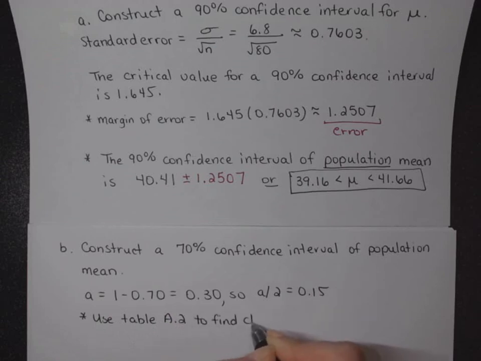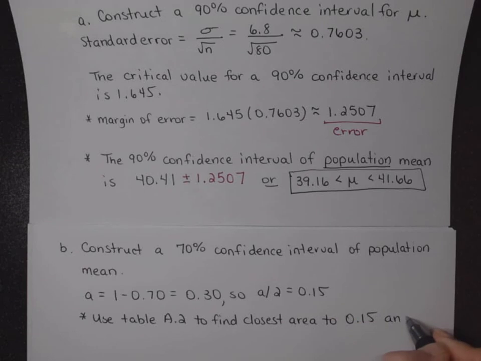to find the closest area to 0.15 and the corresponding z-score.